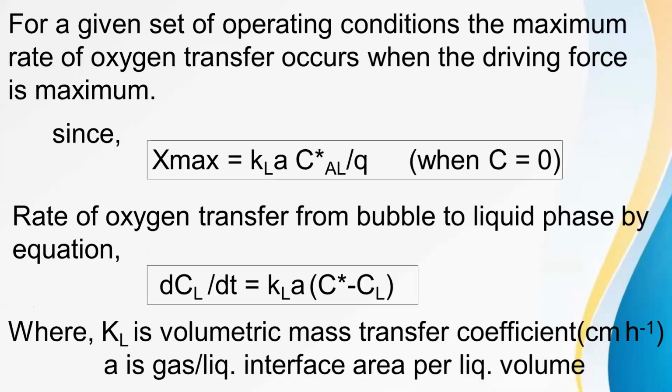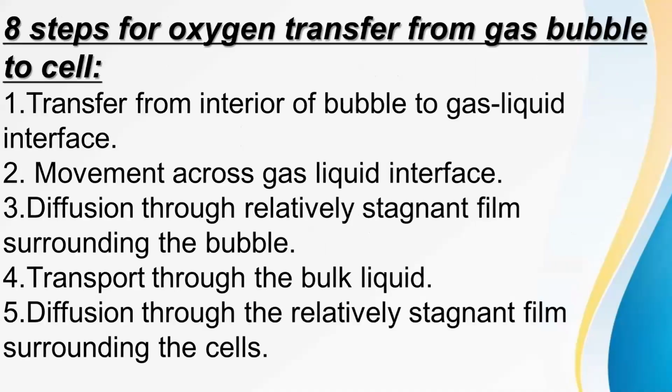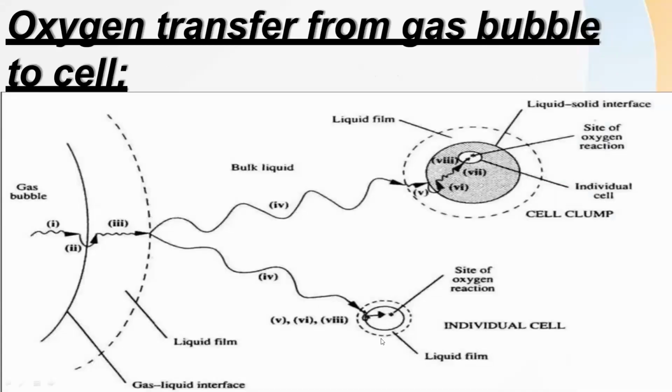For now, you have to remember this mechanism, which has 8 steps. What are the 8 steps? First, movement of gas from inside the bubble to the interface. Then movement of the gas across the interface. And then movement of the gas from the interface through the liquid film. And then transport across the bulk.